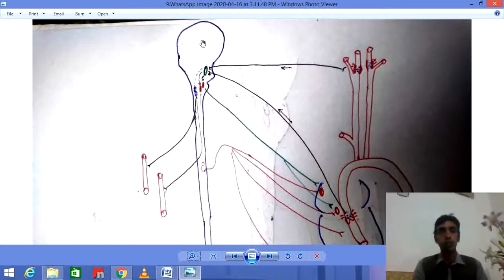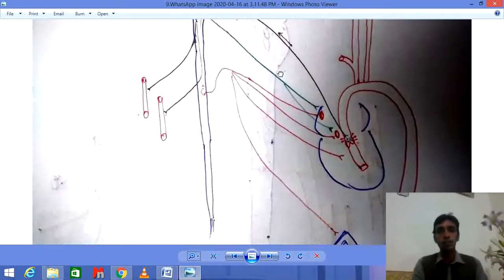If you get some emotional fluctuation, that will transmit the information toward the cardiovascular center and vasoconstriction center, that will normally increase the blood pressure, and after increasing the blood pressure, again the feedback mechanism will be generated over here.